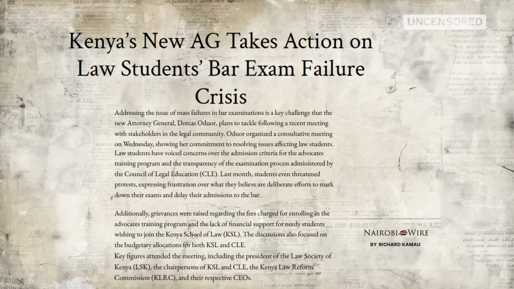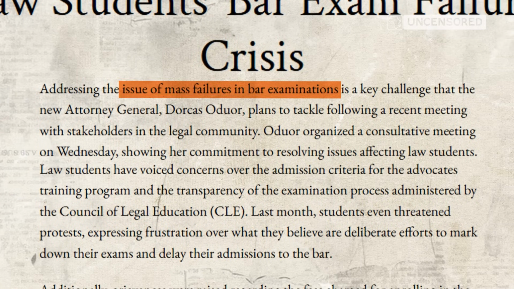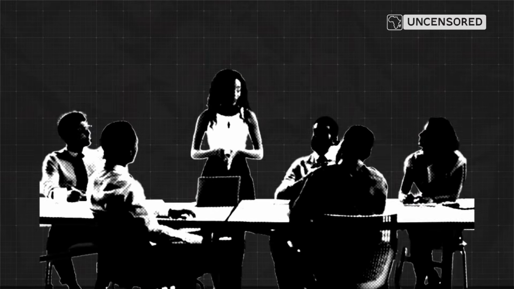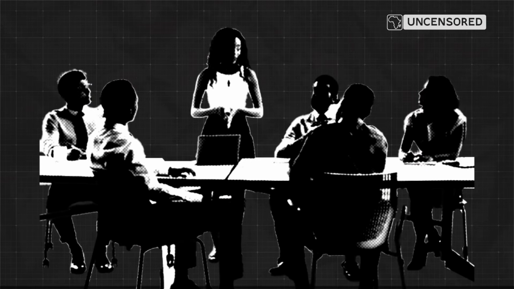In August 2024, current Attorney General Dorcas Oduor formed a task force to investigate the persistent failures. The team included representatives from the Law Society of Kenya, the Kenya School of Law, the Council of Legal Education, and the Kenya Law Reform Commission, who convened with the aim of addressing the issue. CLE has also invited students to mediation sessions, seemingly to better understand their concerns.